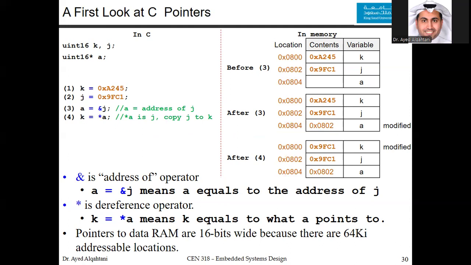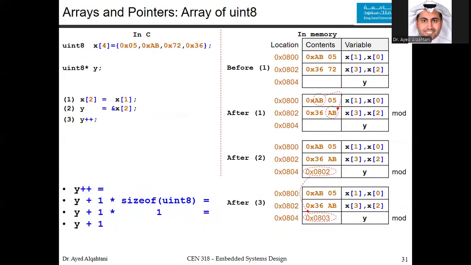Now, after understanding pointers, how to define them and how to work with them, let's see the relation between pointers and arrays. At the beginning, we will see an array of unsigned integer 8 variables. Here we have 8 bits, and we have 4 different values, each one of them 8 bits, like you see here.